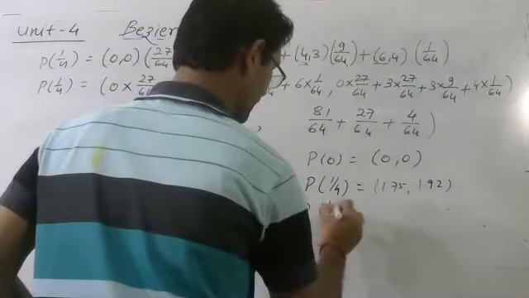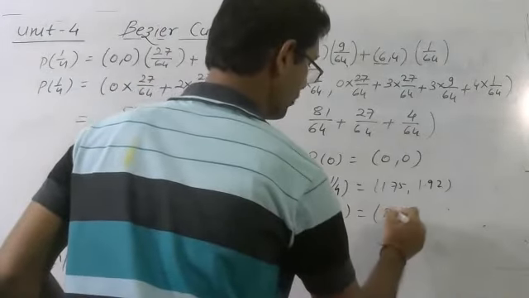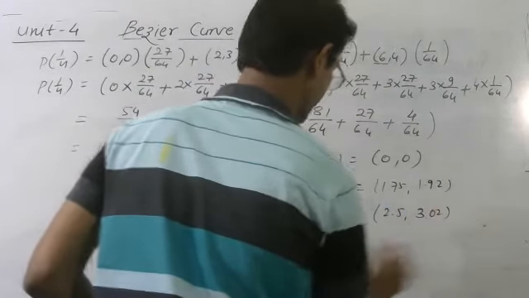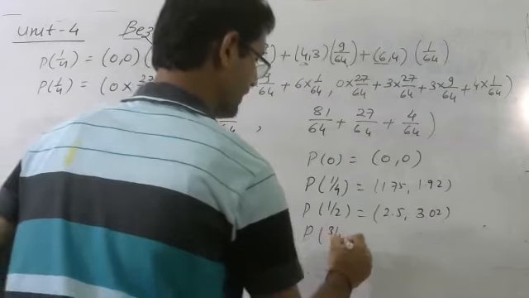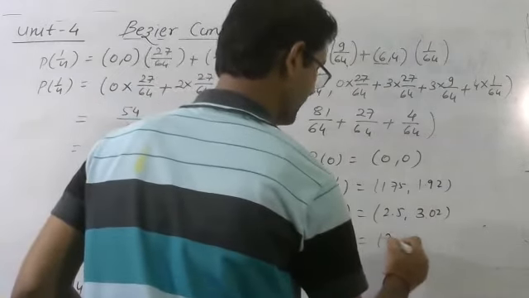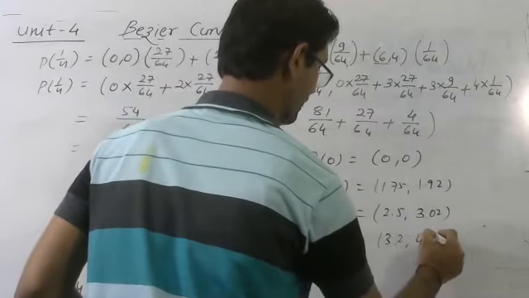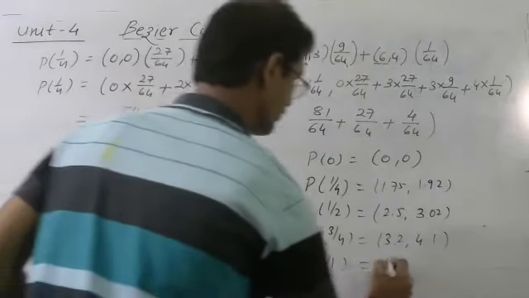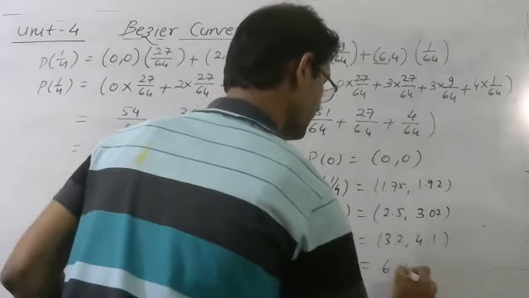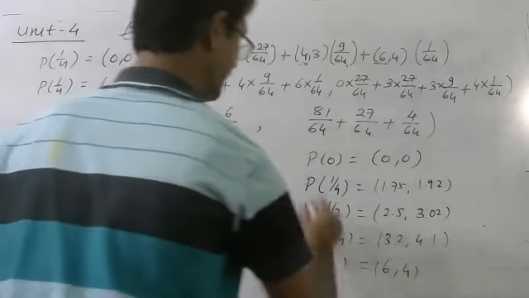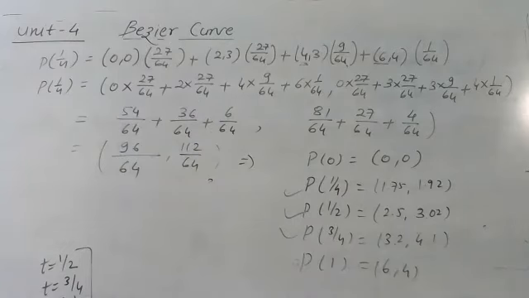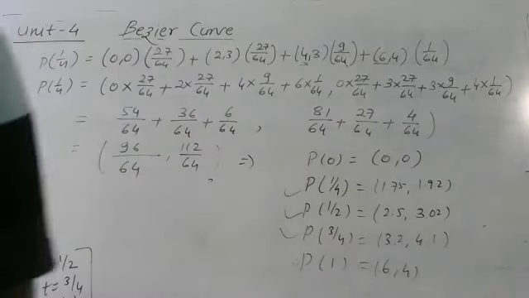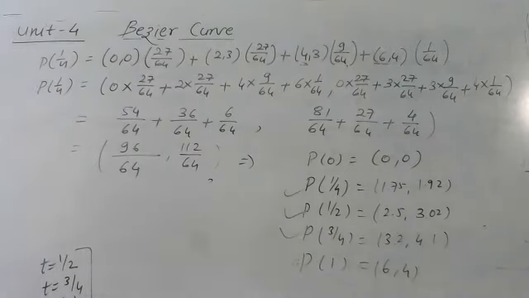Say the third point is 2.56 and 3.02 like this. Then suppose you are getting 3.2 and 4.12, and finally you are getting (6, 4). I am taking just a rough example. So these are the points on the curve, and you need to plot these coordinates to find the actual curve.